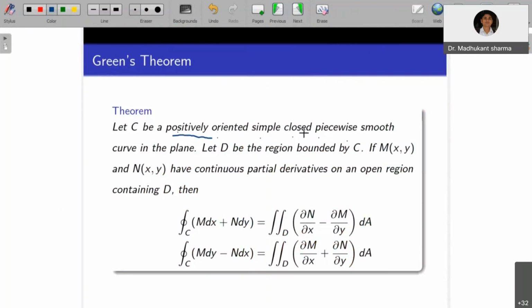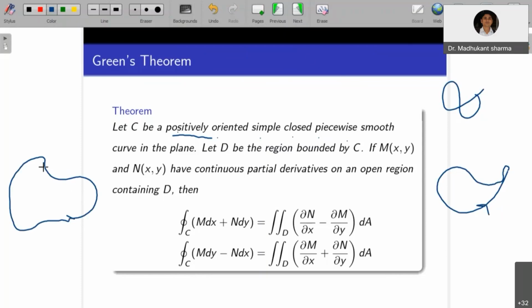Simple closed means there is no self intersection of the curve, so this is not allowed. There's no self intersection, and not touching also. That's also not allowed. Simple closed curve, positively oriented means anti-clockwise direction.